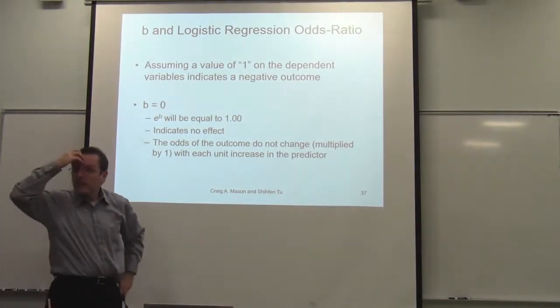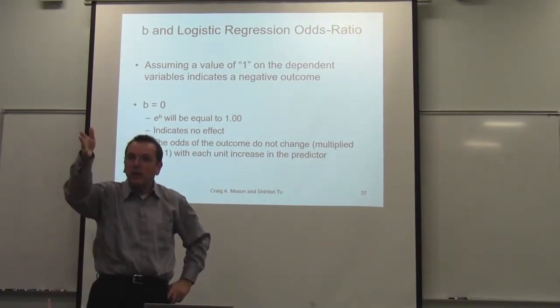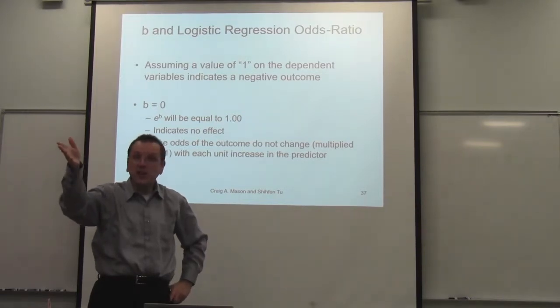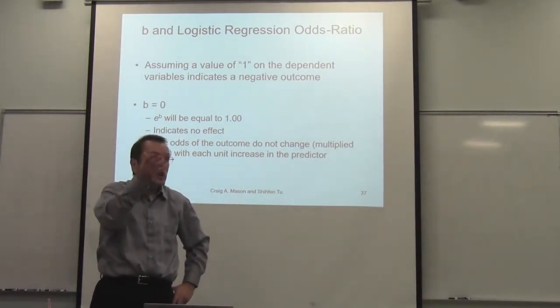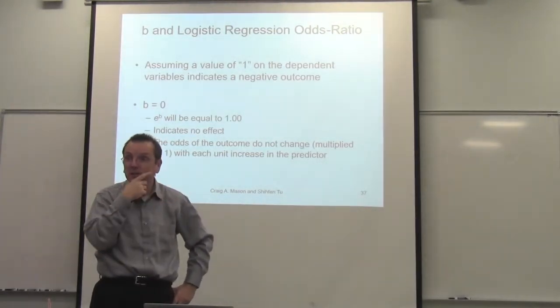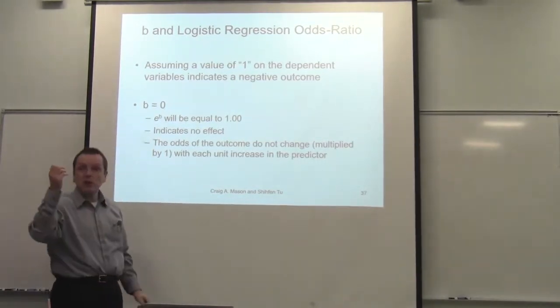Think about that for a second, and it makes sense. A regression coefficient of 0 tells us the variable has no effect. The outcome score doesn't change at all based on whatever X is. So B equals 0 means there's no effect.